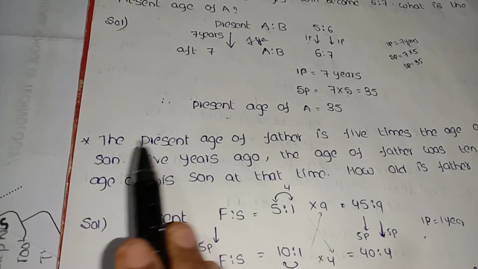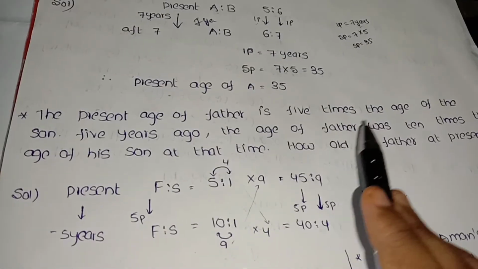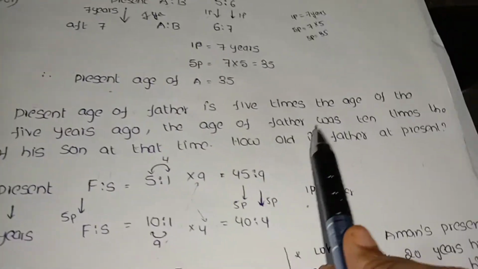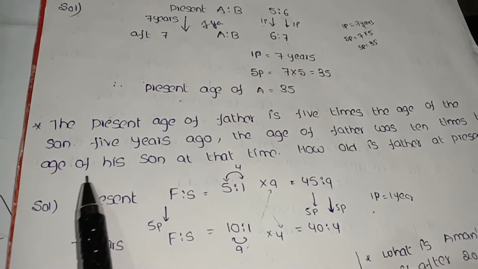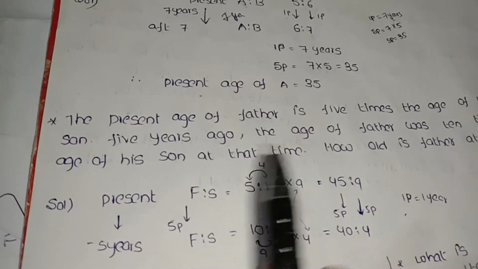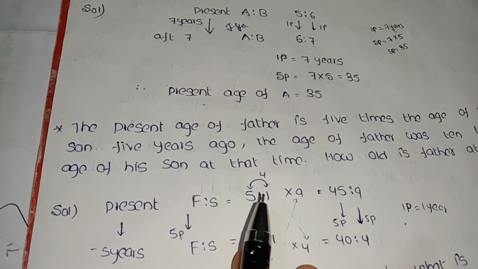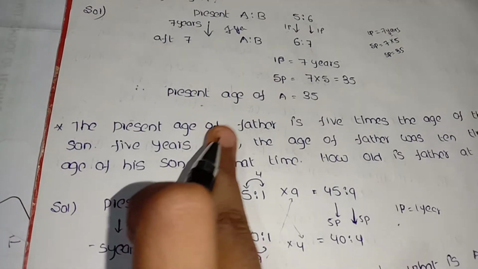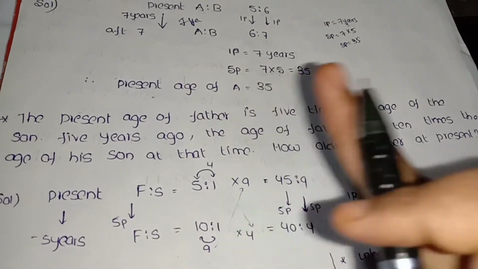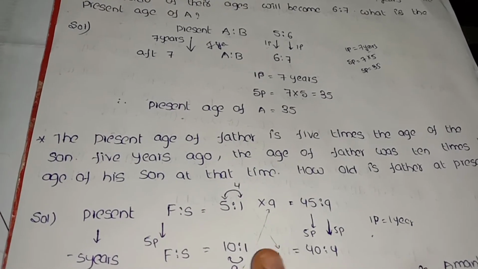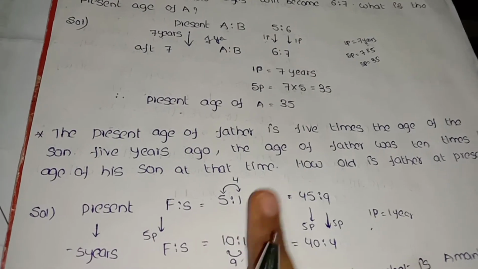The second example: the present age of father is 5 times the age of the son. 5 years ago, the age of father was 10 times the age of his son at that time. How old is father at present? Here in this question, the information given is that the present age of father is 5 times the age of son. It means son has 1 year and father has 5 years, right?